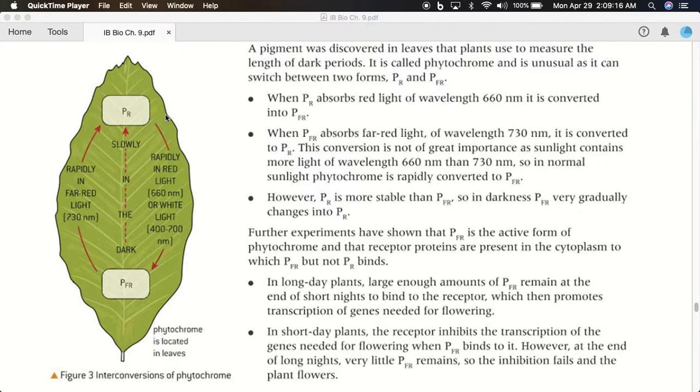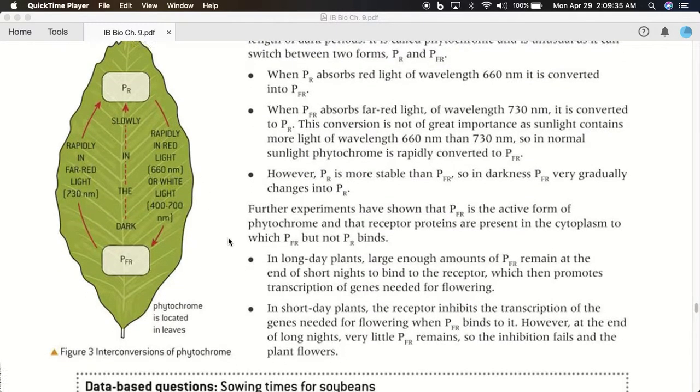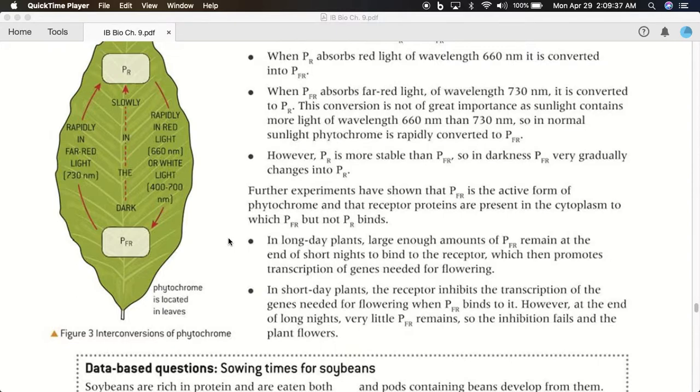With short day plants, there's not as much sunlight, there's a lot more darkness, so we end up having a lot more of the PFR converting into the PR. So there's not a lot of PFR for the short day plants. However, they work differently.